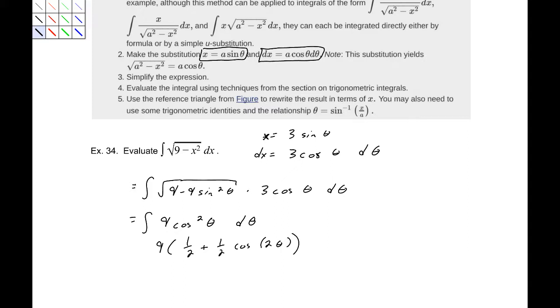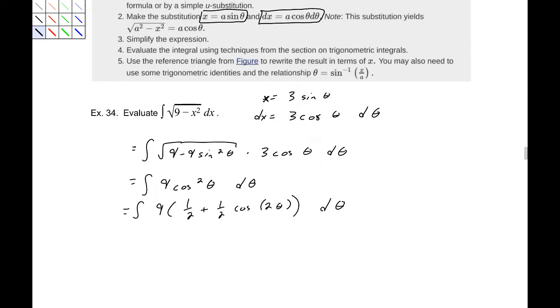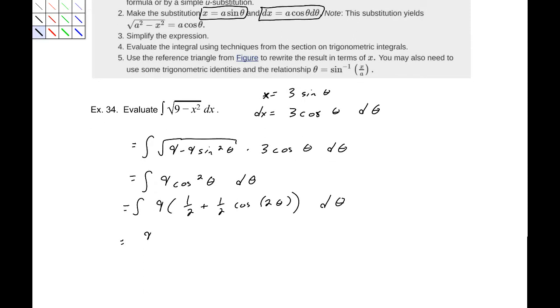When we take the integral of that, that is just a simple substitution. We get 9 over 2 theta plus 9 over 4 sine 2 theta, because of that factor of 2 in there, plus C.